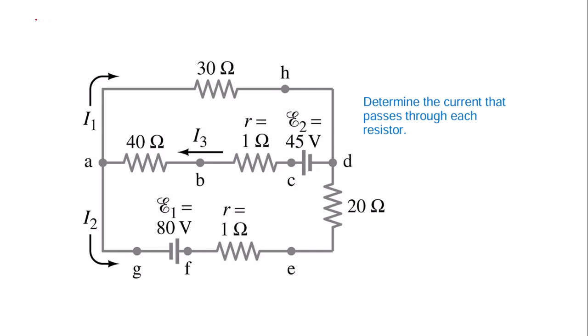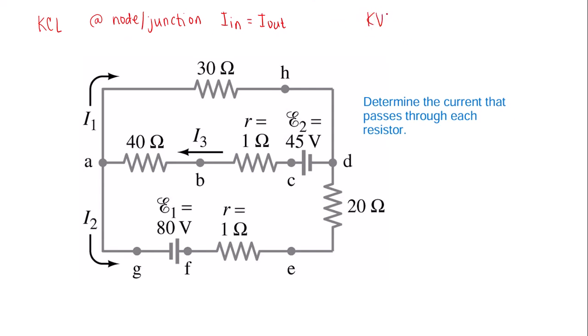Now there are two laws based off Kirchhoff's principles. We have the current law, wherein whatever current comes in at a certain node or junction is equal to what comes out of that node or junction.